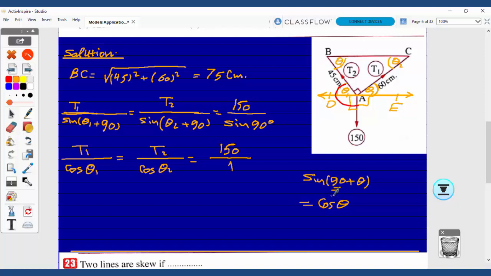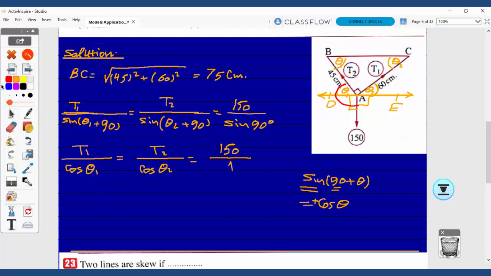This angle lies in the second quadrant, so the sine is positive. So sine 90 plus theta equals positive cosine theta. Also, it is the same with respect to theta 2. Now, what is the value of cosine theta 1?